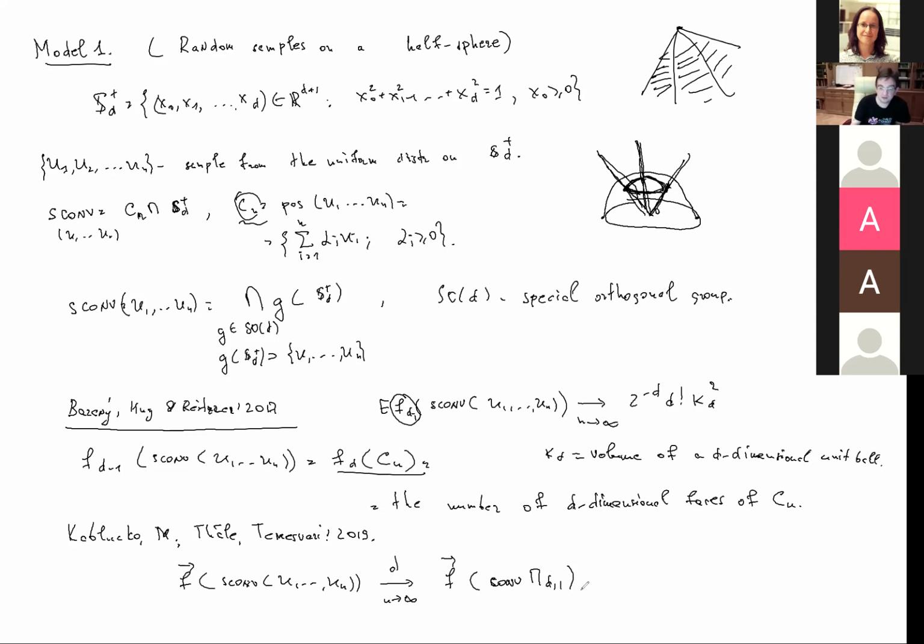The f-vector of the spherical convex hull converges as n goes to infinity in distribution. So what notation have we used here? First of all, P_{d,1} is a Poisson point process on R^d with intensity given by some constant; I don't want to give it explicitly.